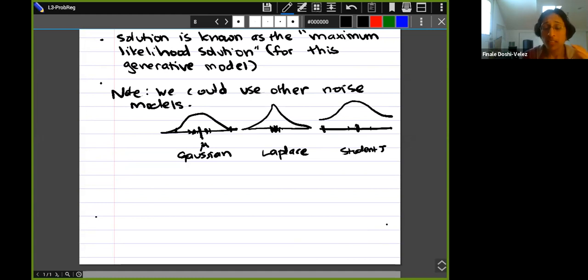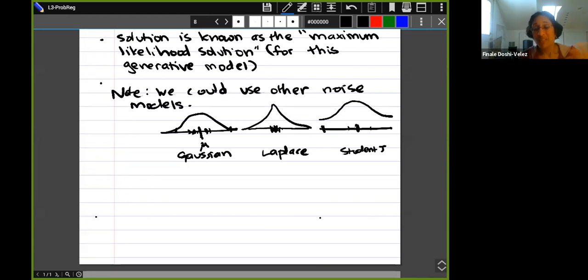But that's okay, because one thing very important to keep in mind is that in machine learning, or statistics more generally, there's always going to be a tension between the correctness of a model and the tractability and properties of the model. With a linear model, you can solve it and get the optimal linear solution. But maybe your data are not linear.